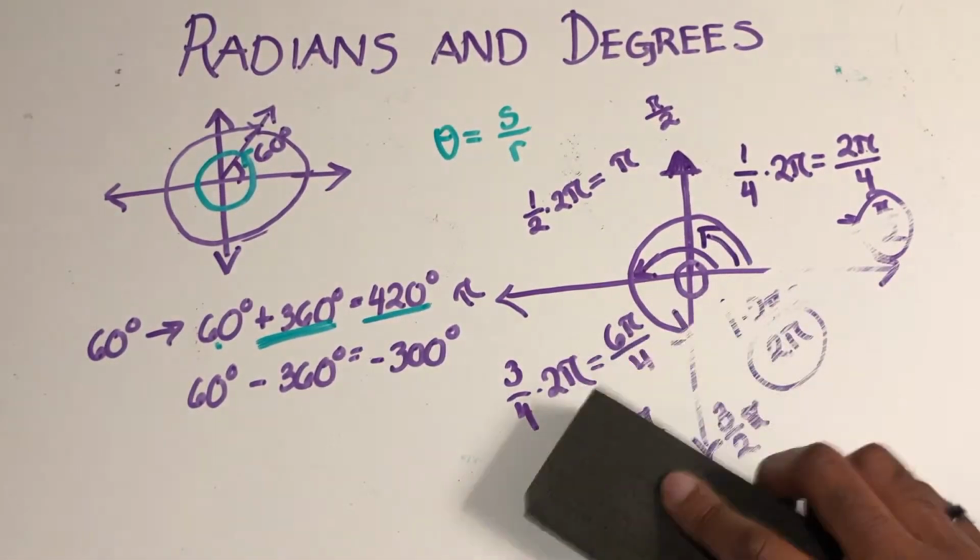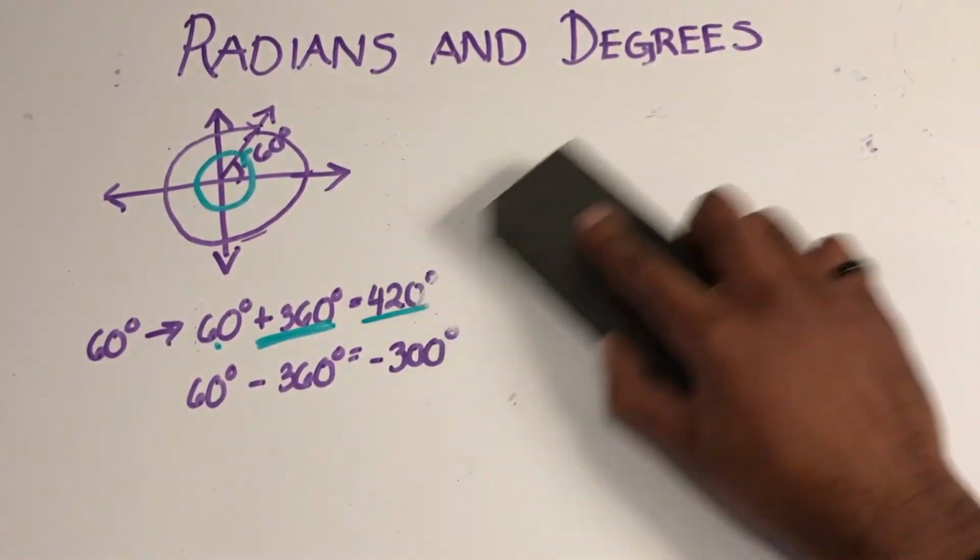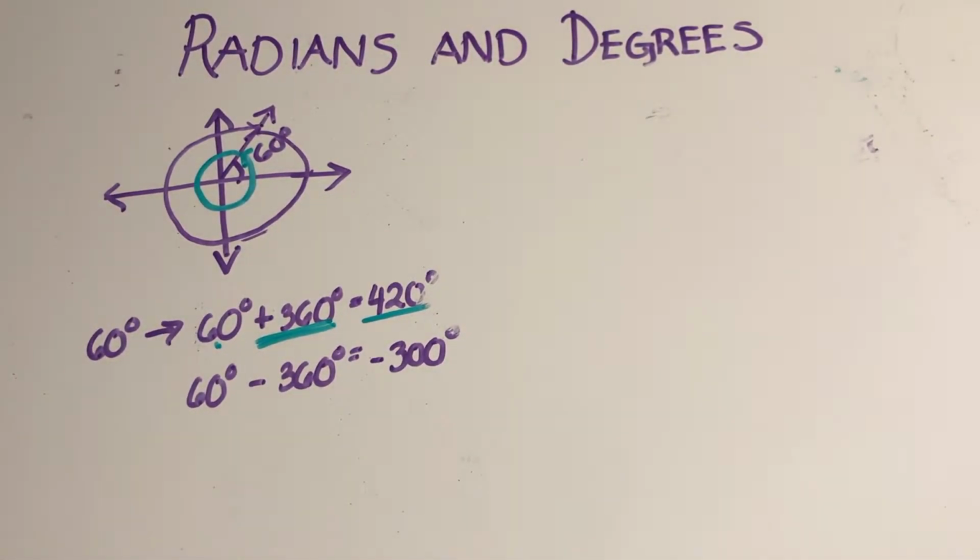One more example. Say you have 2 pi over 3.